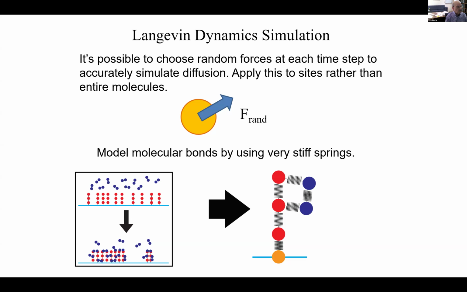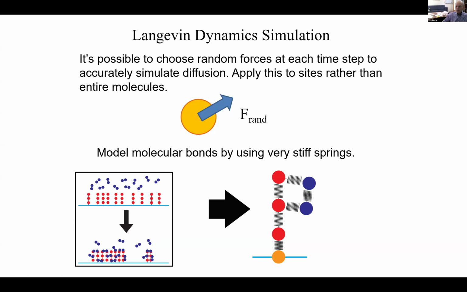This is one of the main concepts for how it works, this idea of Langevin dynamics. In Langevin dynamics, you take an object that you want to model in terms of diffusion. Here's a sphere, and we give it a random force.